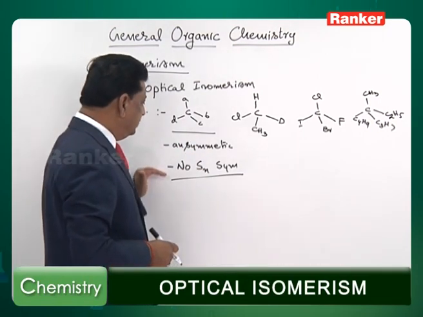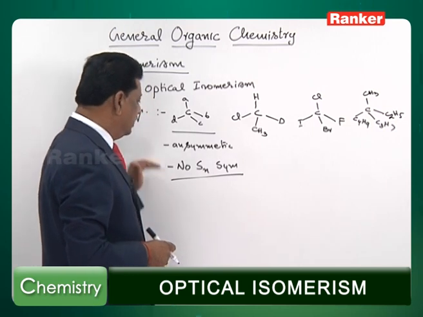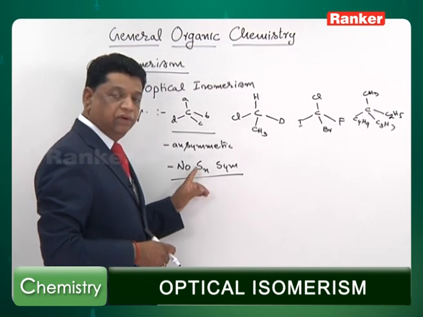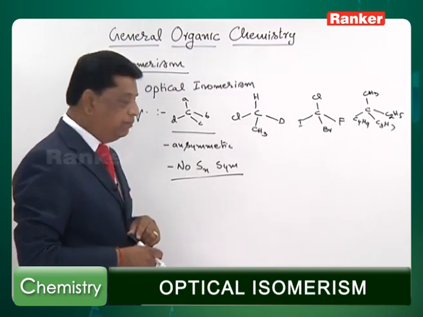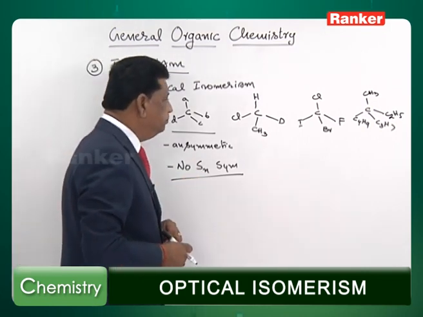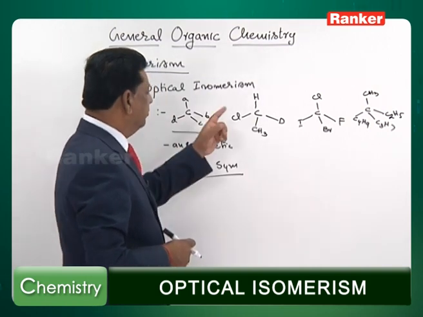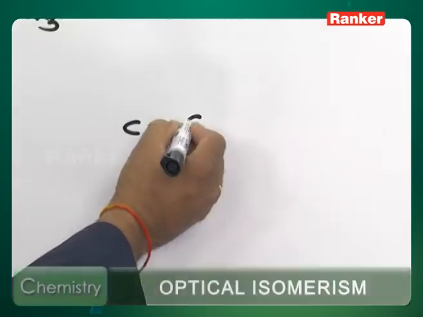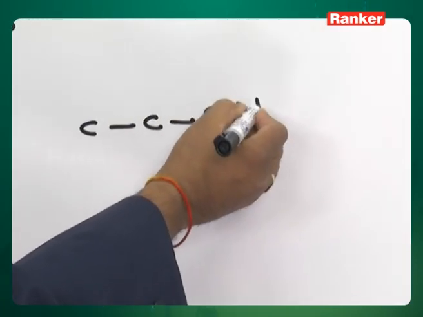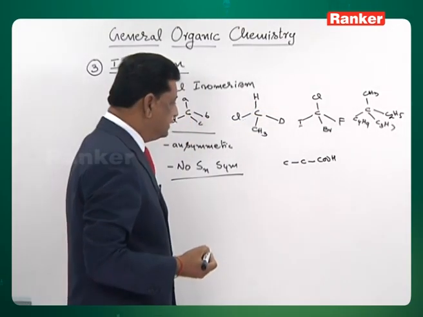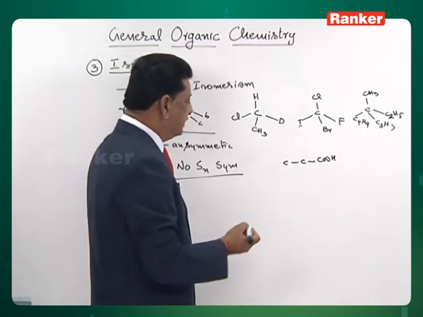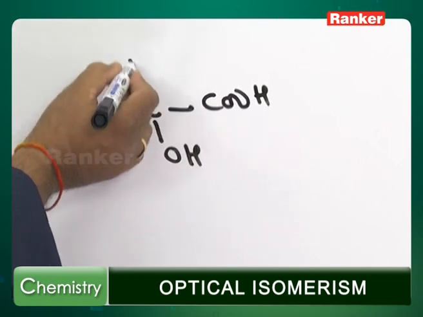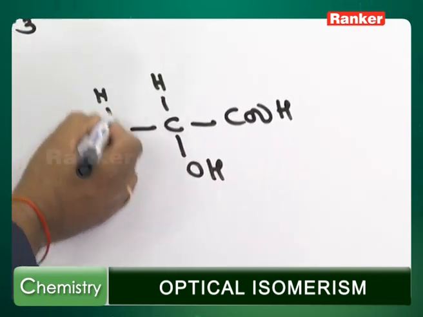Then at a later stage, we will see what exactly unsymmetric means, or what exactly this n-fold alternating axis of symmetry is. First, let us take some examples, like a compound having 3 carbons with a carboxylic acid, propanoic acid containing an OH, and the rest are hydrogens.